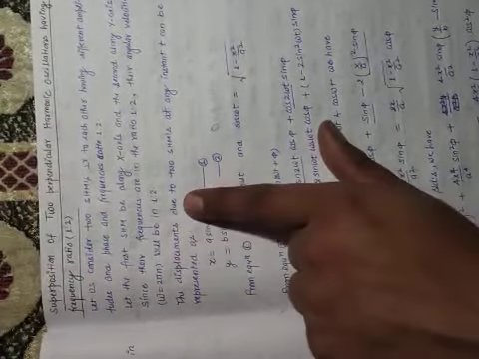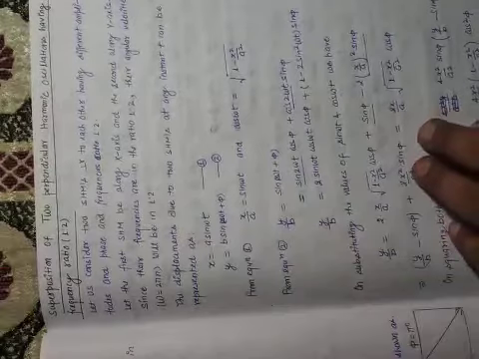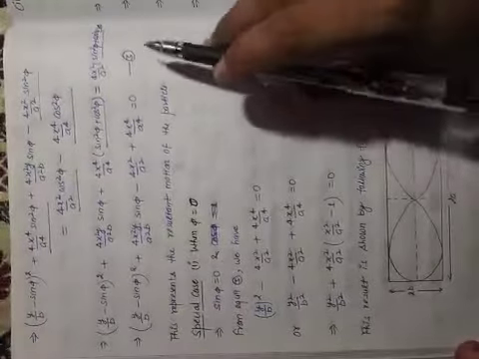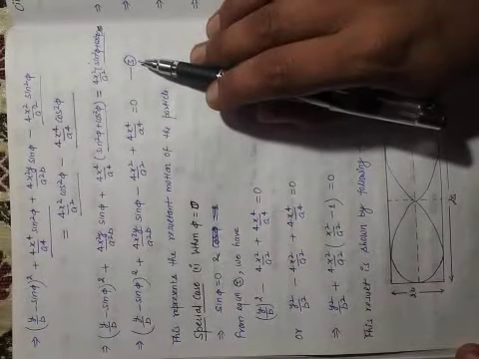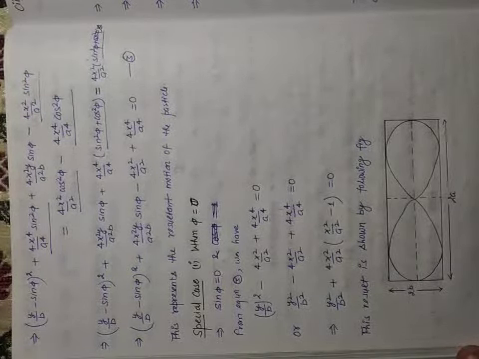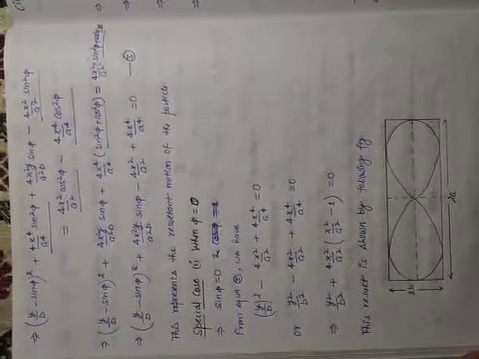So the resultant motion of the particle is represented by this equation number 3. This is the resultant path or motion of the particle.